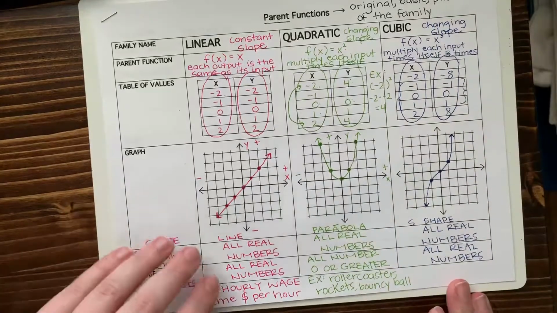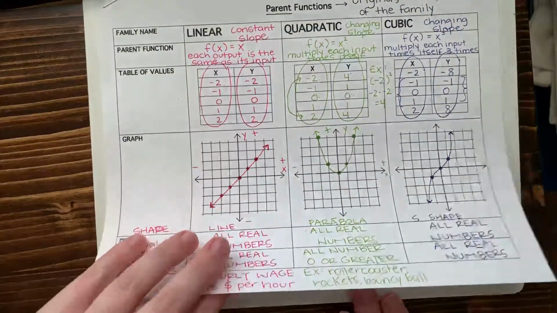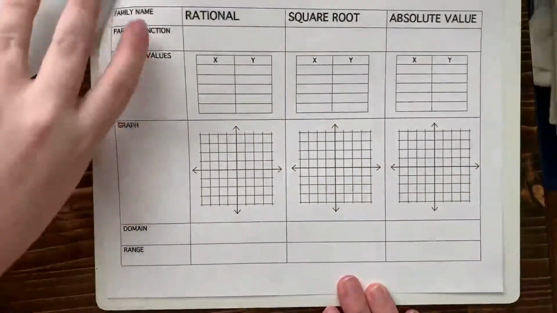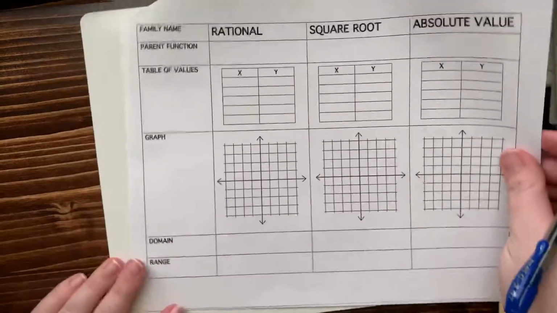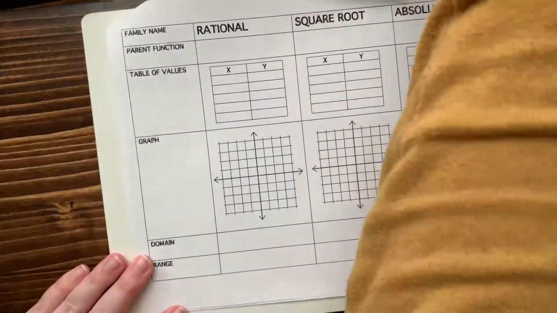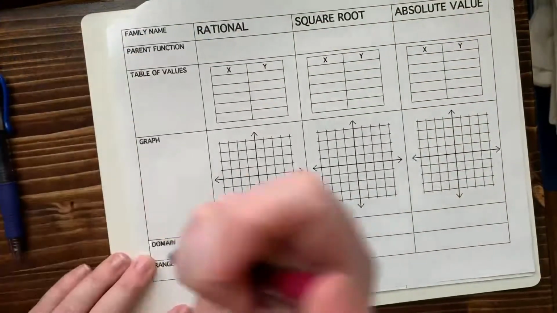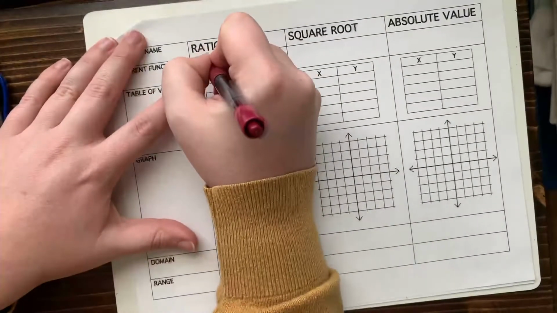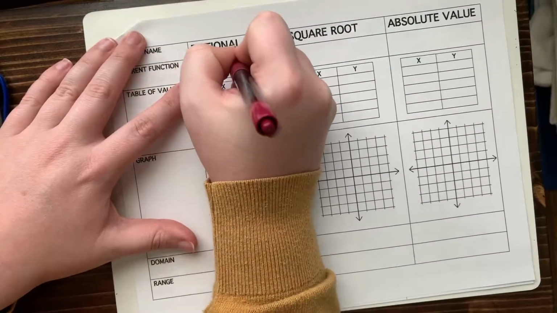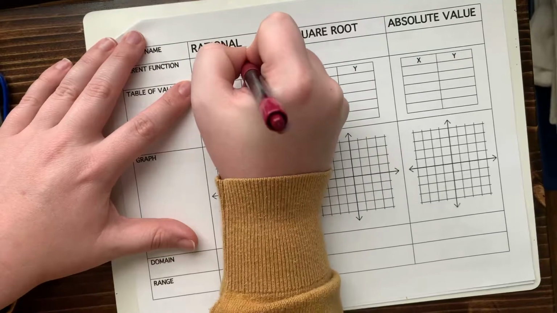Okay. Now we're going to flip to our rational family. Our rational family is going to be f of x equals 1 over x.